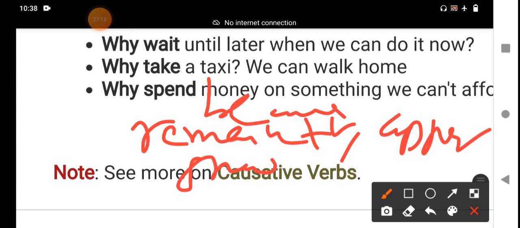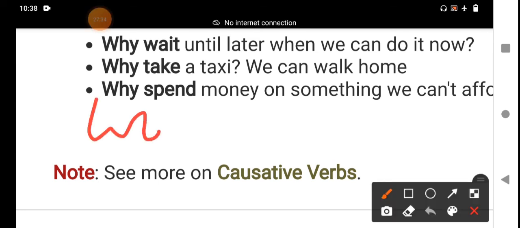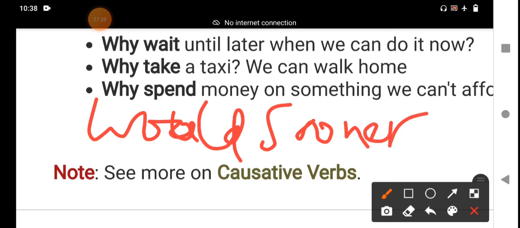Next, why should we go by a car? That is why should. Why already takes the bare infinitive. Would sooner is also followed by the bare infinitive. Would sooner plus V1.